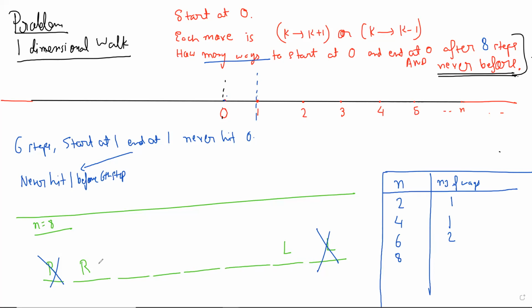What should be the answer to this? Obviously, you can count it, but see, this basically means that here it has to be R's and L's, 2 R's, 2 L's. Right? It will be 2 R's and 2 L's, and this will again have the same conditions.